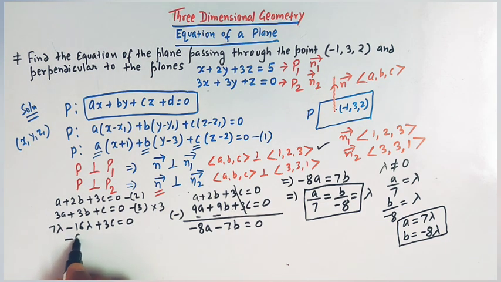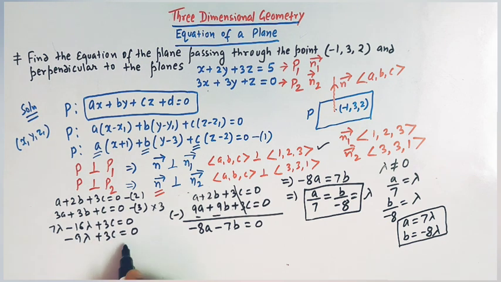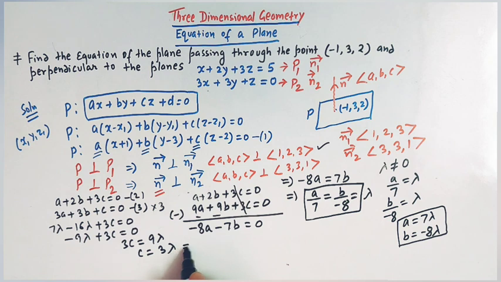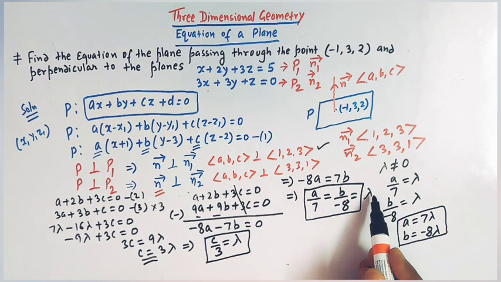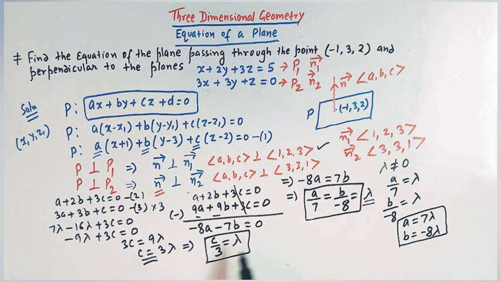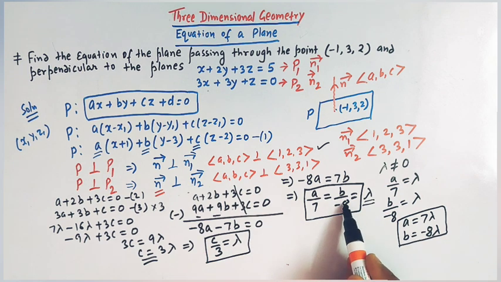So this is minus 9 lambda plus 3c is equal to 0. So 3c is equal to 9 lambda. So c is equal to 3 lambda, right? So now we can write this equation as c over 3 is equal to lambda, right? So now we can write the value of lambda as c over 3 in this equation.